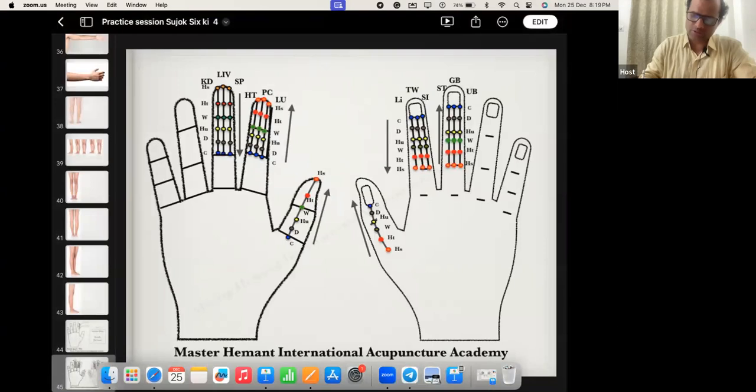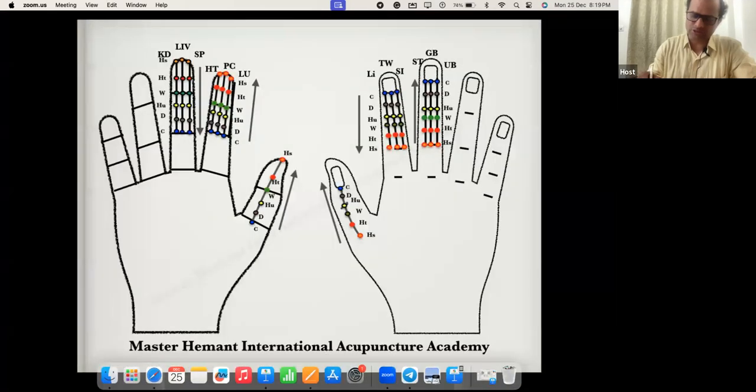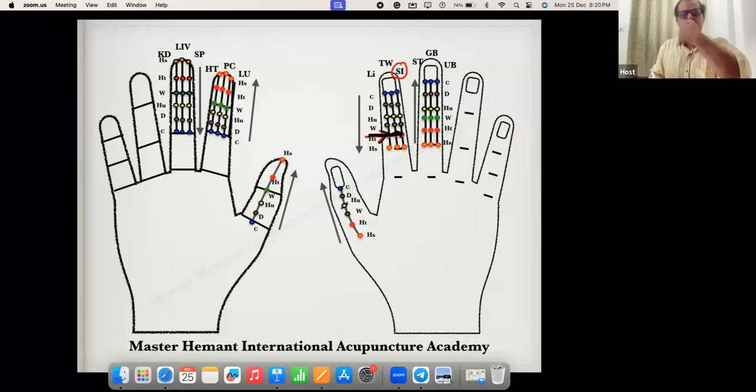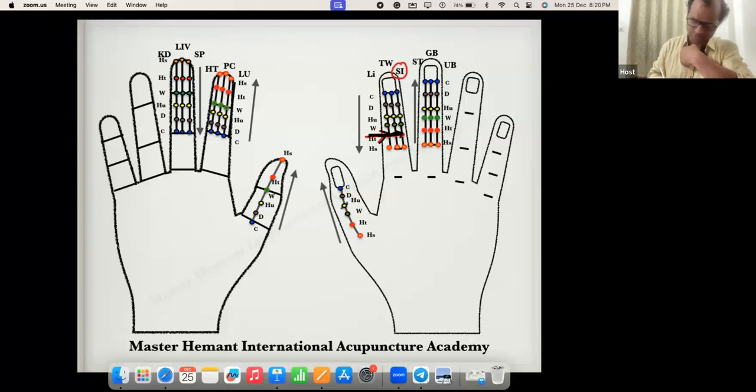So now we have started our journey. First, we are choosing the SI meridian. We are putting the perpendicular needle on the heat point. The SI meridian will open. So now, what will we do? We'll sedate the wind. This is the wind.